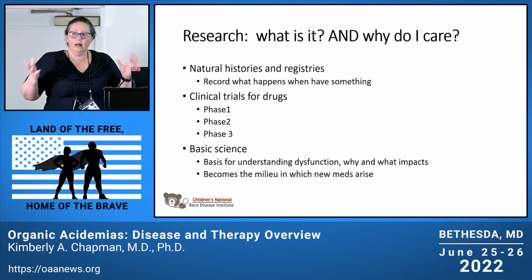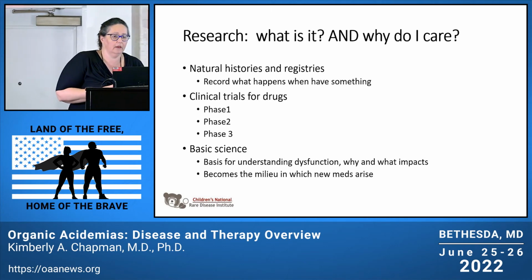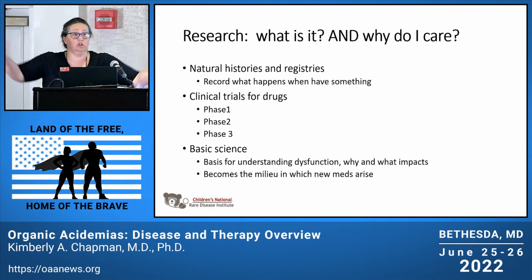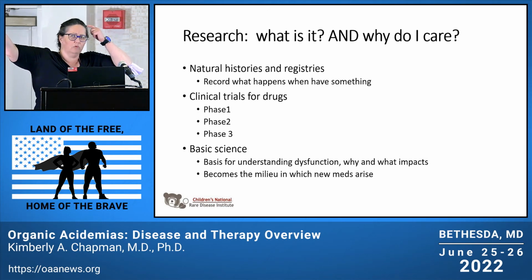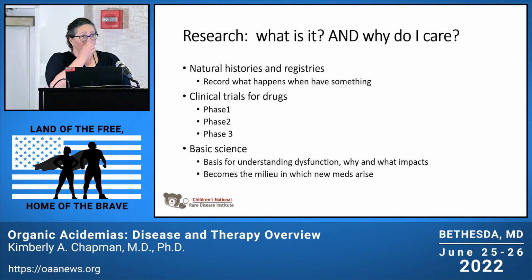So what kinds of research are there? Well, I already talked a little bit about natural history studies and registries that totally changed the way that we take care of some of these disorders, right? I talked about IVA and we suddenly went, there's some renal dysfunction here we didn't know. Talked about GA1.